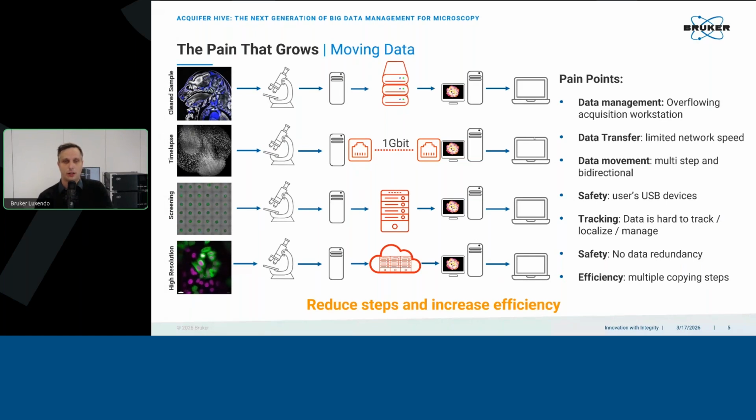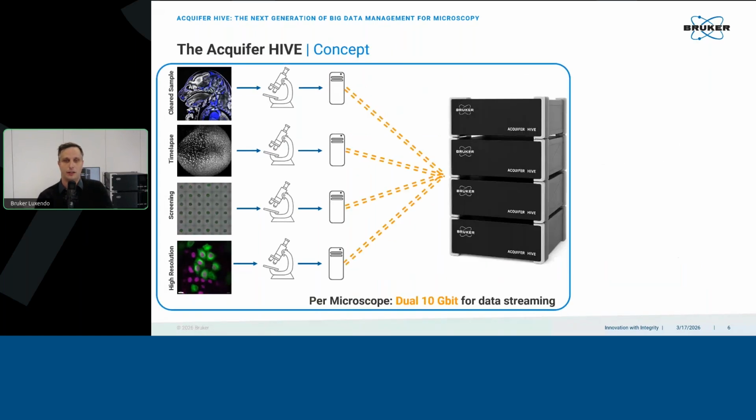This is where the concept of the Hive comes into place. On the Hive, we position a central computer into your facility. We connect the Hive to all the different acquisition microscopes and control PCs via a high performance network connection.